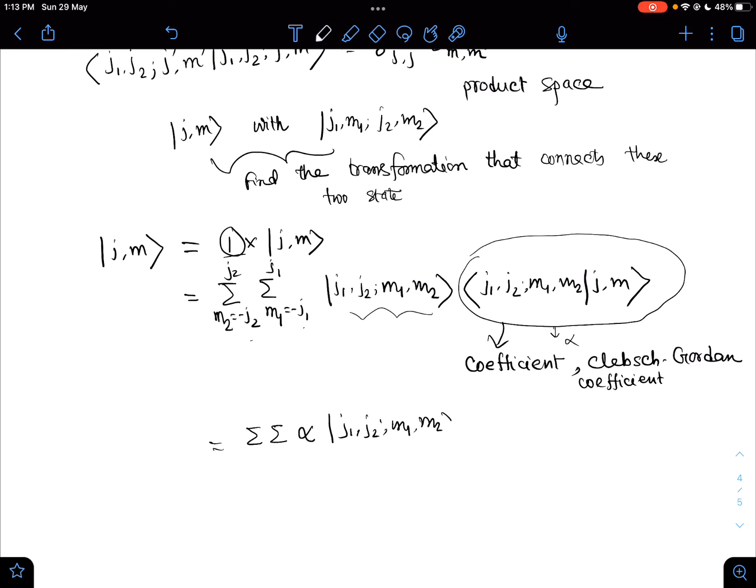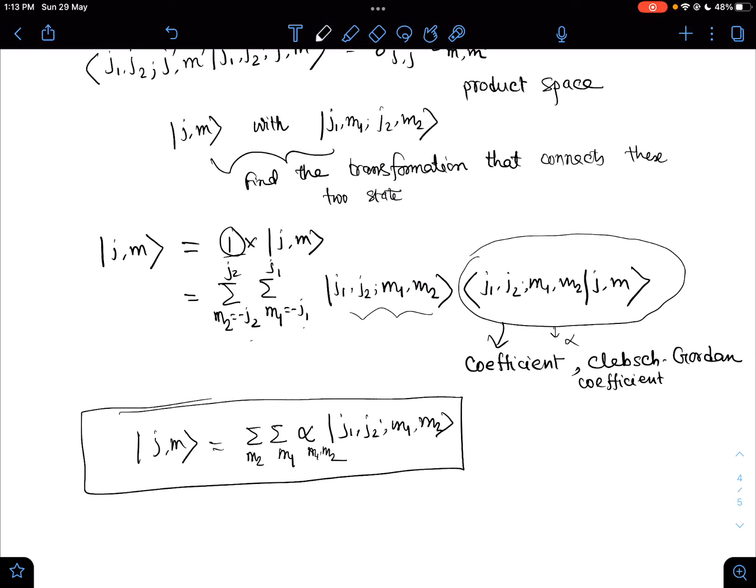This is our transformation that will connect the |J, M> state with the |J1, J2, M1, M2> state, through the Clebsch-Gordan coefficient, which we have to find. These are taken to be real by convention.